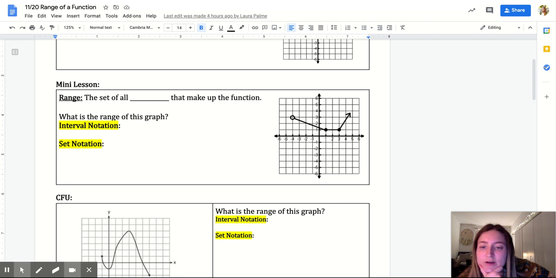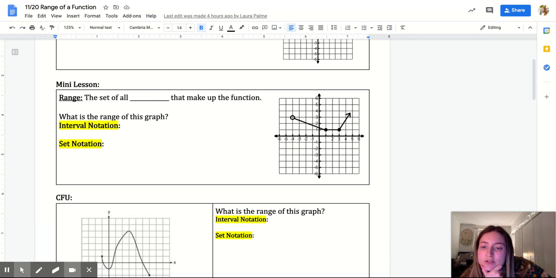And then instead of writing an x, we're going to write a y in the middle now because we are talking about our y values, remember? And y is going to be in between that and infinity. So between 1 and infinity. I'm bad at drawing infinity signs, so here we go. 1 and infinity. So that's how we write the interval notation.